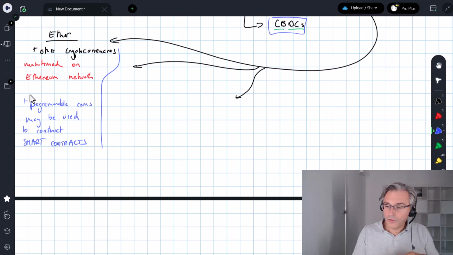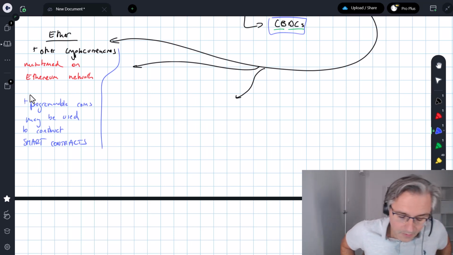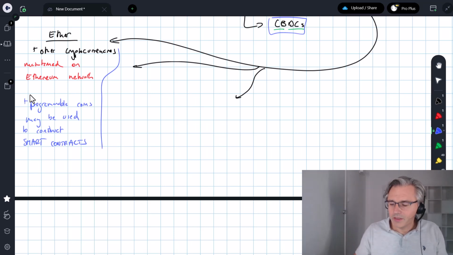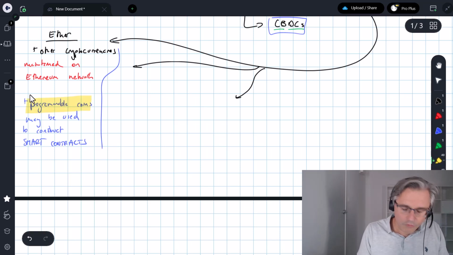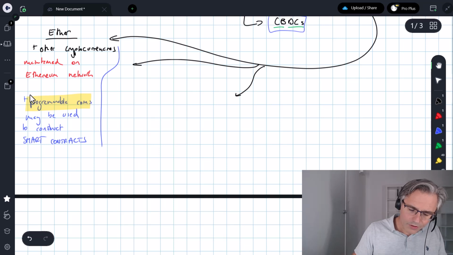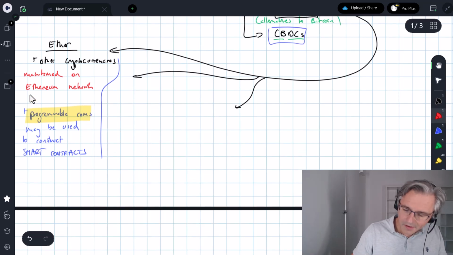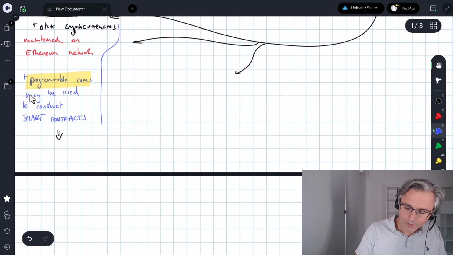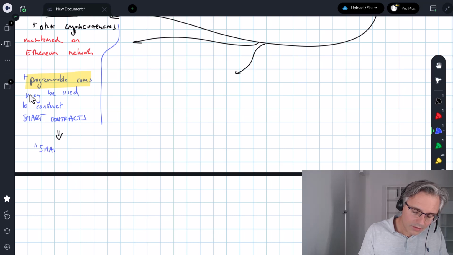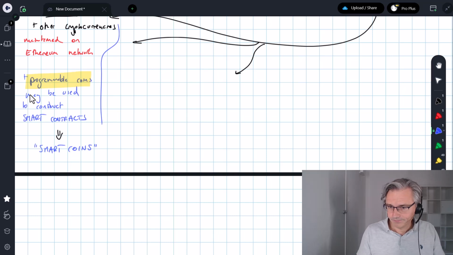And you can create these smart contracts using Ether, but also other potentially similar programmable coins, which is why Ether and similar ones, although Ether is the big one out of the altcoins, are often known or sometimes referred to as smart coins.